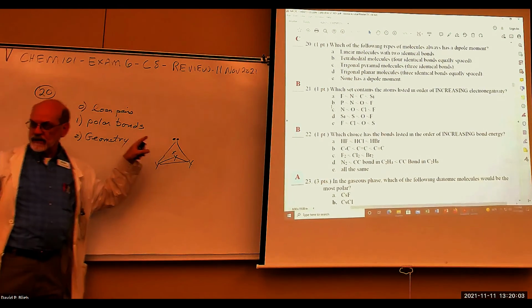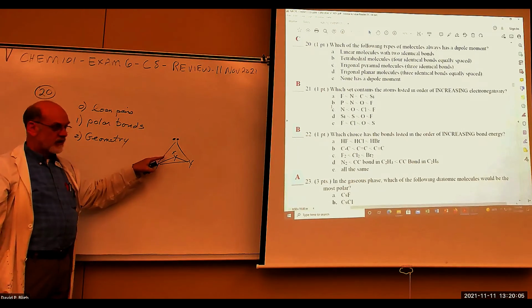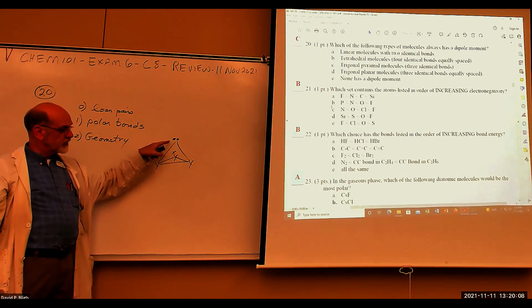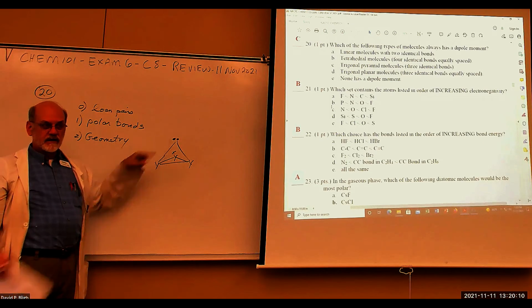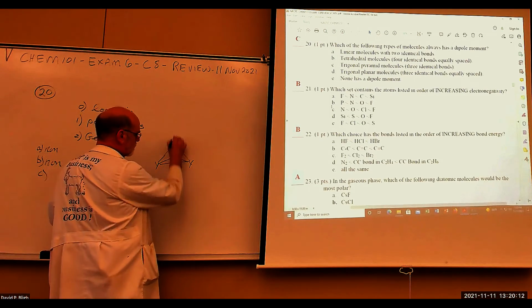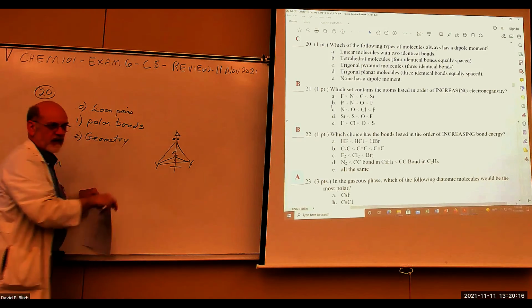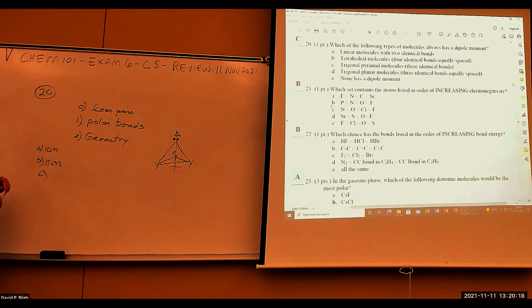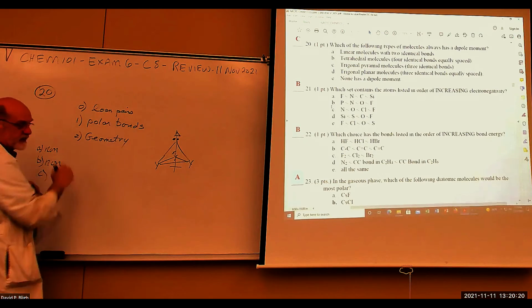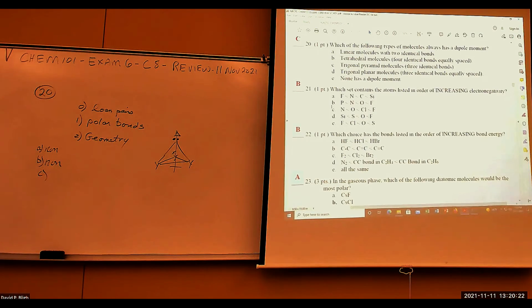And even if all these bonds are nonpolar, you still got that lone pair up there, giving you a negative preponderance in that part of the molecule. So that's why lone pairs have to be considered also. I didn't say this in lecture, just occurred to me.